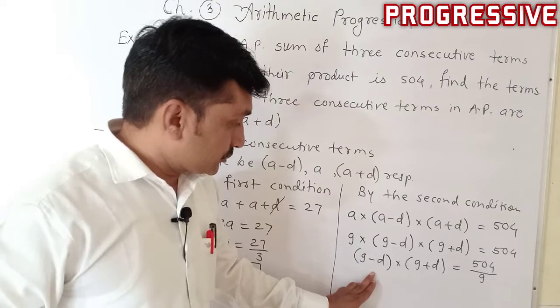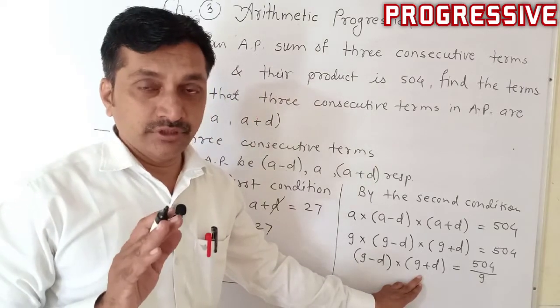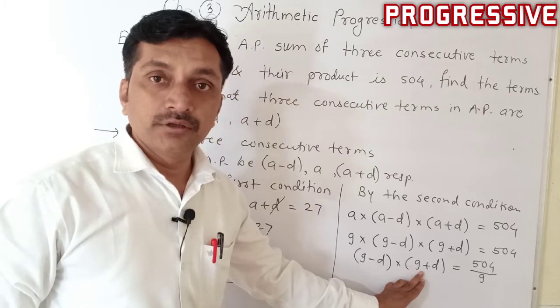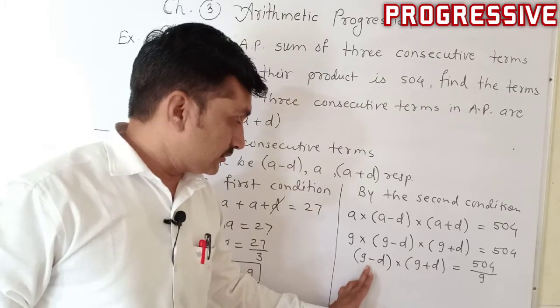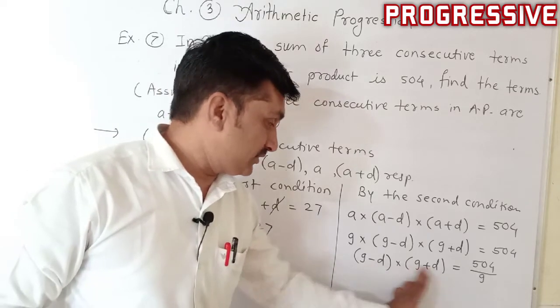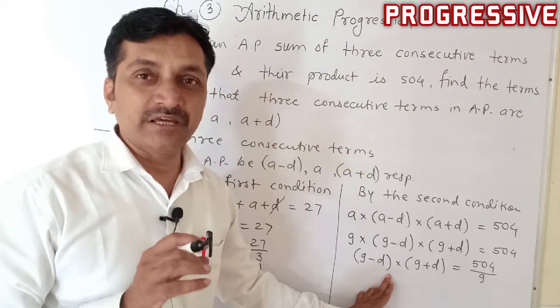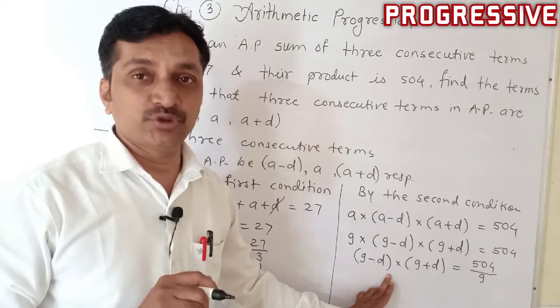Now if you remember the formula, (a plus b)(a minus b), what is its expansion? a square minus b square.